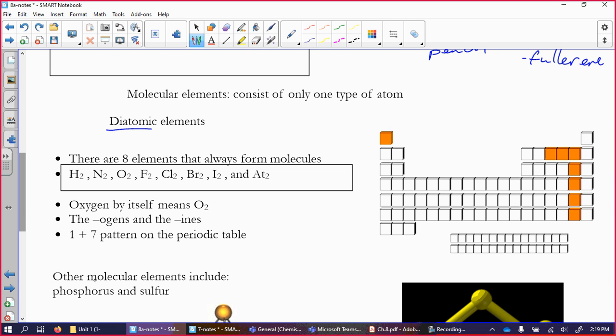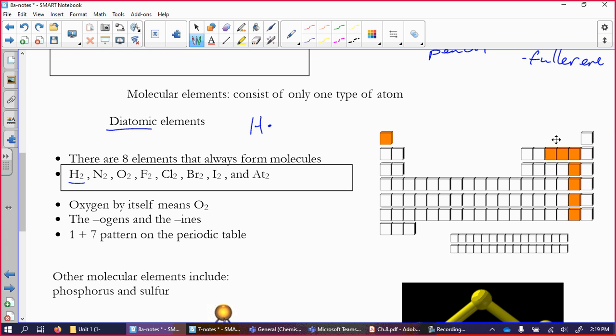Where we start with the sharing are diatomic molecules. The single most simple molecule in any sort of science is H2, two hydrogen atoms. Hydrogen in nature exists as H2. It doesn't exist as H because that has one valence electron, and it doesn't want one valence electron.